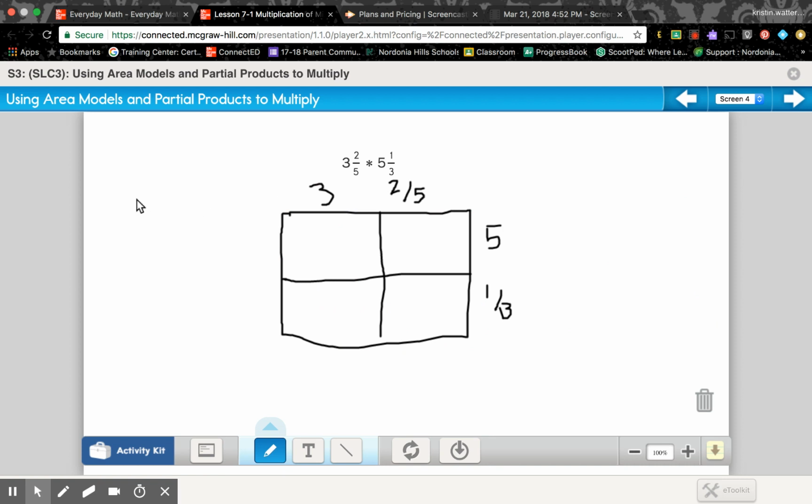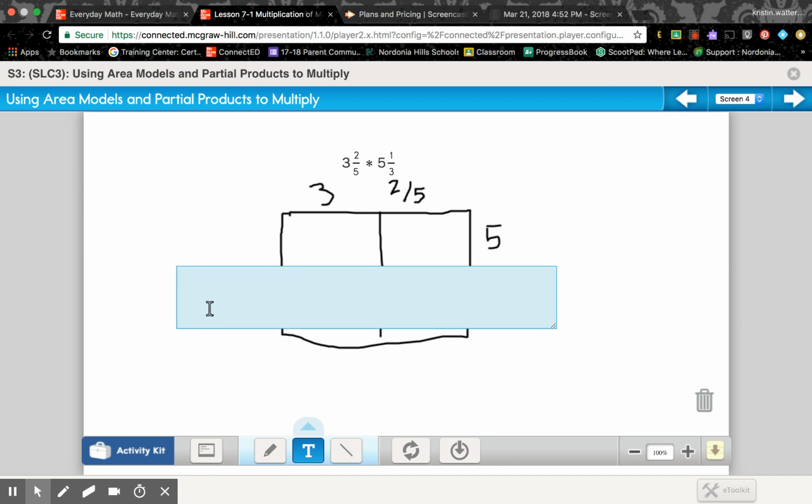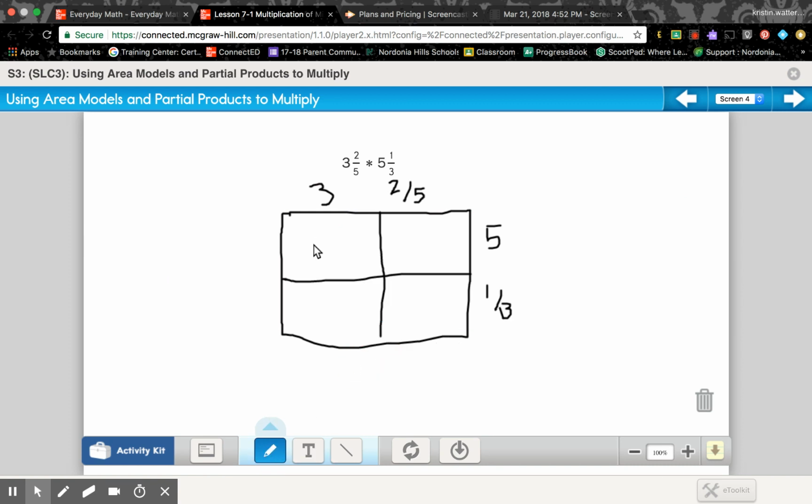So then again, we're going to have to come over here. Let's try to use the text box and see if it's easier. Not as easy. Well, we'll just use the pen.